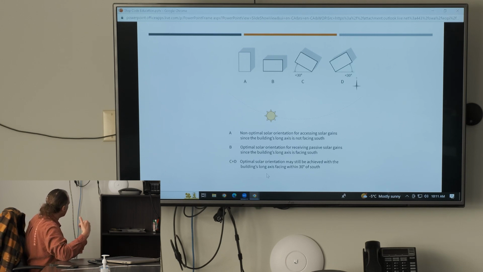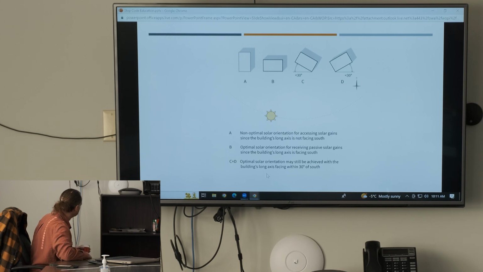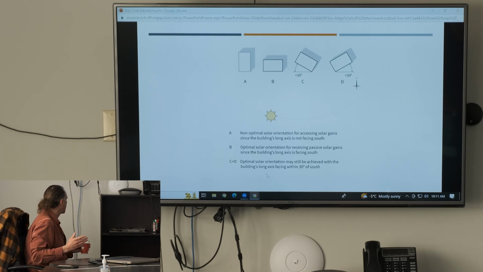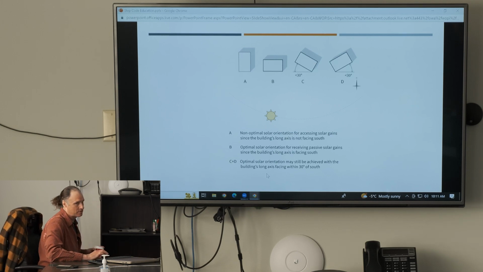B, optimal solar orientation for receiving passive solar gains since the building's long axis is facing south. And then C and D, optimal solar orientation may still be achieved with the building's long axis facing within 30 degrees of south. So if you get within 30 degrees of south, that's still optimal.